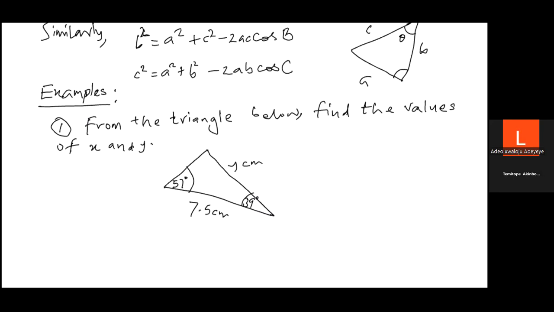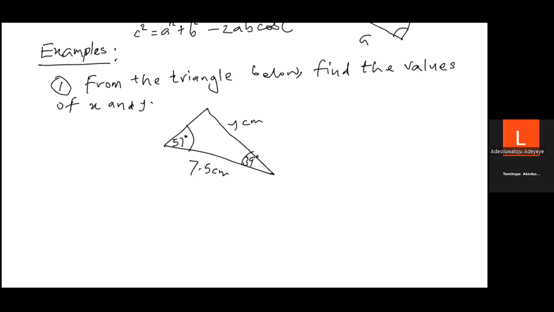So how are you going to tackle this? Which of the rules do you think we use to handle this question? I think it should be the sine rule. Yes, you are correct, the sine rule.